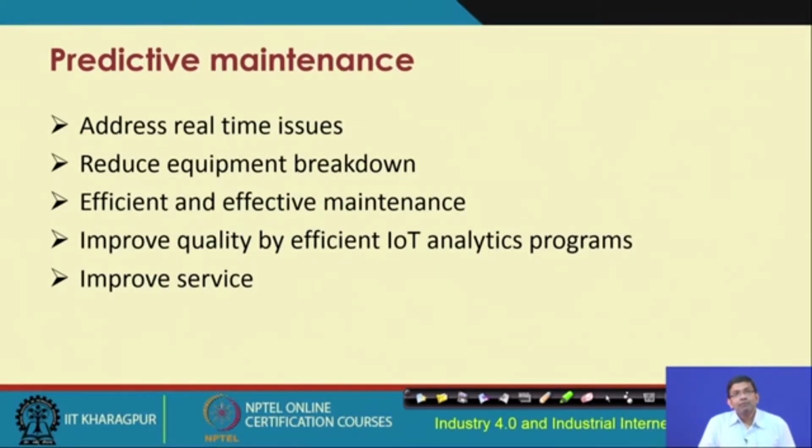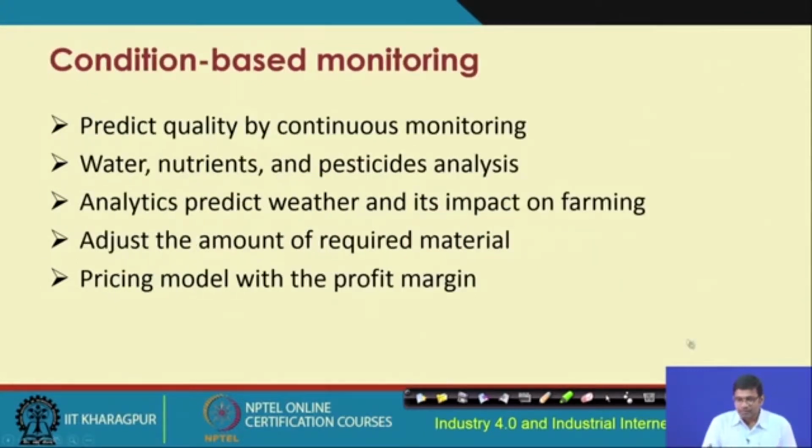Reducing the equipment breakdown and downtime is what is going to be the benefit out of predictive maintenance. So, what is required is through appropriate predictive maintenance through IoT integration, we are going to have efficient and effective maintenance and improvement of quality by efficient IoT analytics programs, and in turn improving the overall services that are delivered.